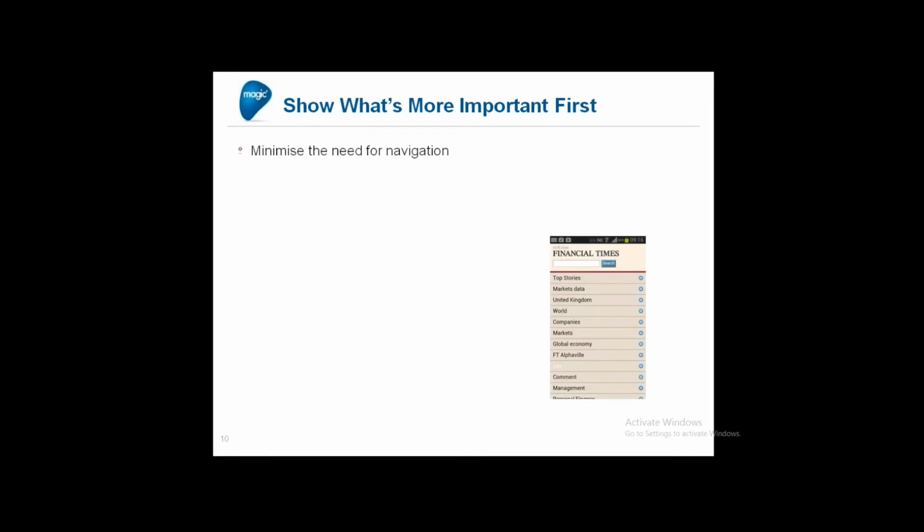One other consideration is to put what's more important first, which means that the presentation of your application might change as it is used. Again, this is to minimize the need for too much navigation and allow immediate action, or even classify by importance.